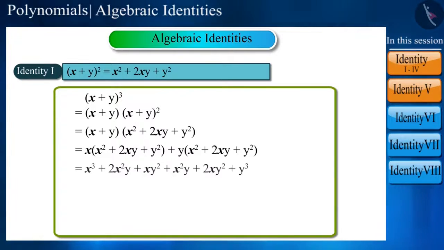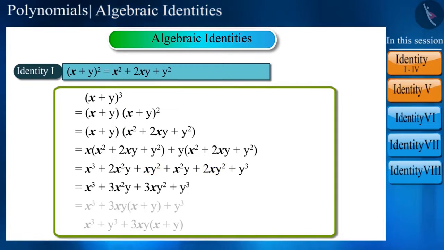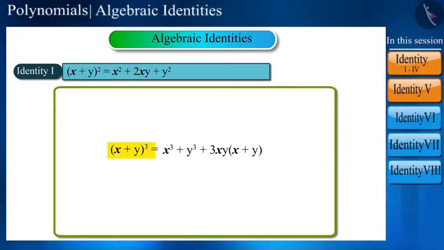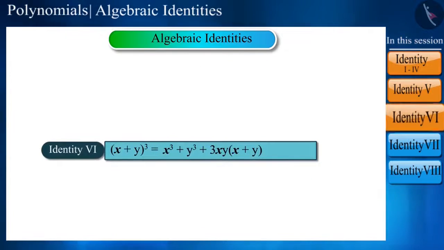When simplified, this becomes x³ + 3x²y + 3xy² + y³. Or you can write it like this as well: (x + y)³ is equal to x³ + y³ + 3xy(x + y). And this is identity 6.